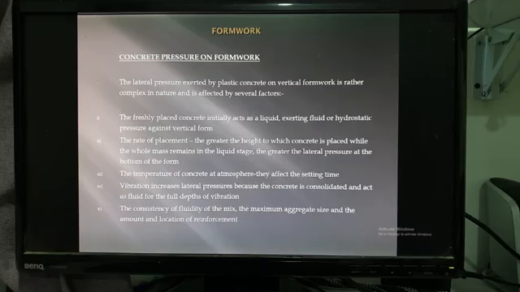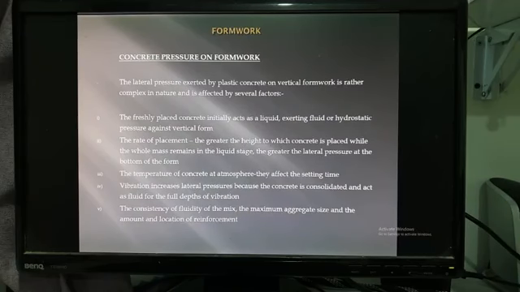And the rate of placement, we want to put or pour the concrete as close as possible to the formwork. And the temperature of the concrete during the pouring process, we want it to be as low as possible.